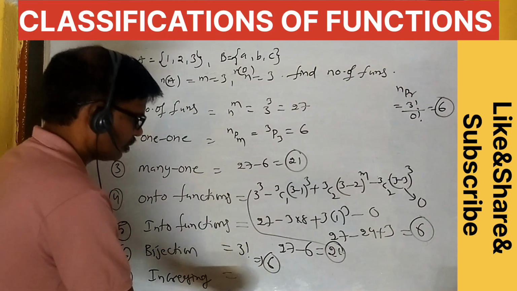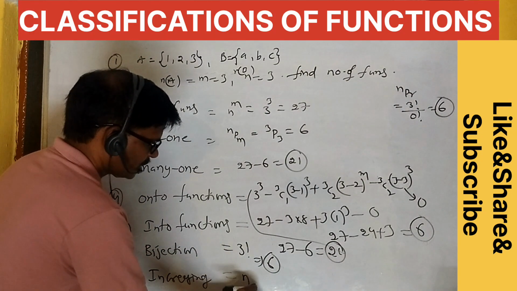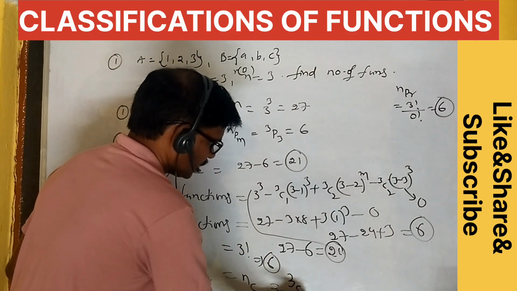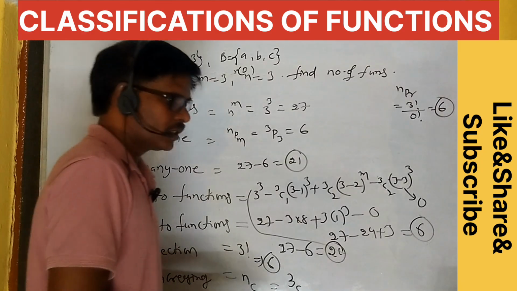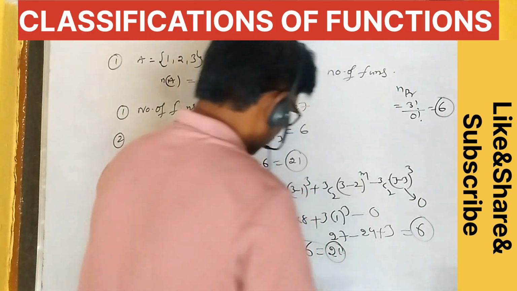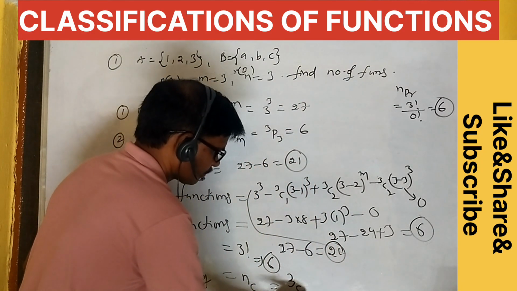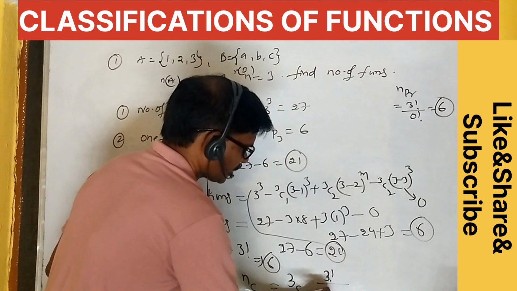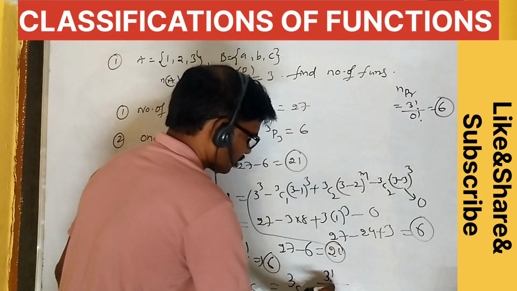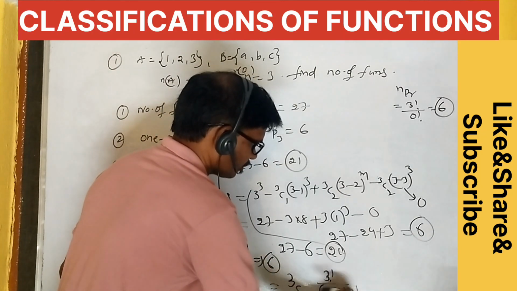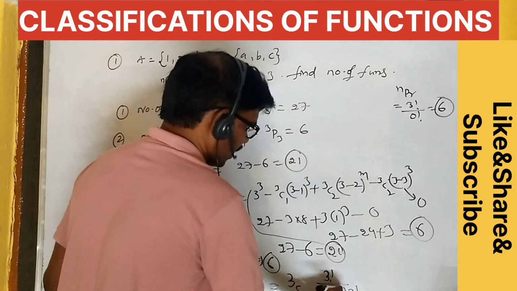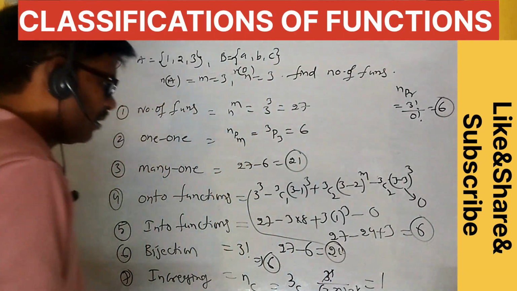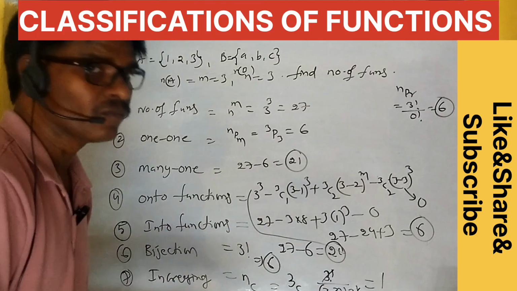Increasing functions is equal to nCm, n is equal to 3, 3Cm, means 3C3, 3 factorial by (3 minus 3) factorial into 3 factorial. This is 3 minus 3 factorial equal to 0 factorial, 1. 3 factorial cancel, equal to 1. Okay, 1 only the answer. The increasing functions is equal to 1.